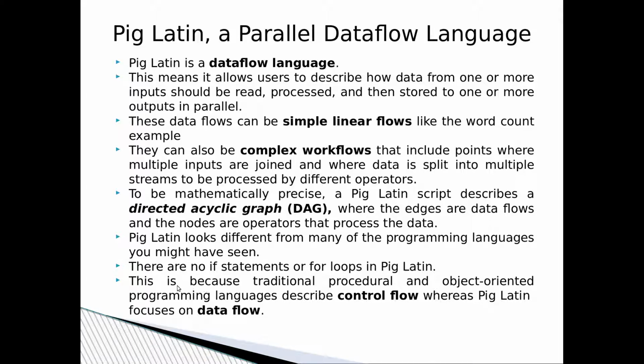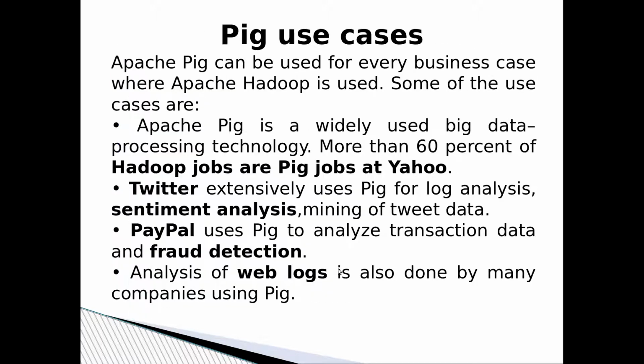The reason is that the traditional languages describe something known as control flow, whereas Pig Latin focuses on data flow. This is an important point of differentiation between Pig Latin and the traditional procedural or OOPS languages that you have been dealing with.